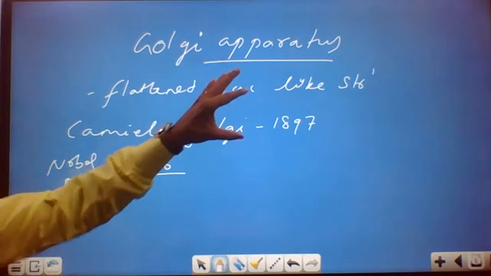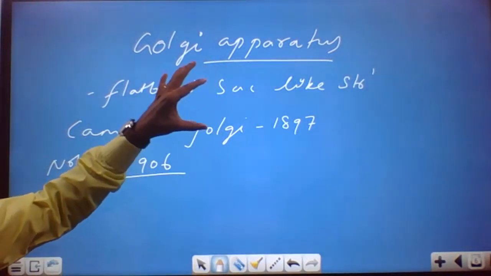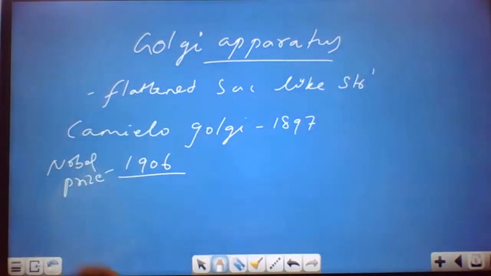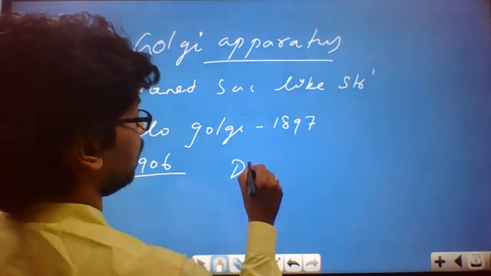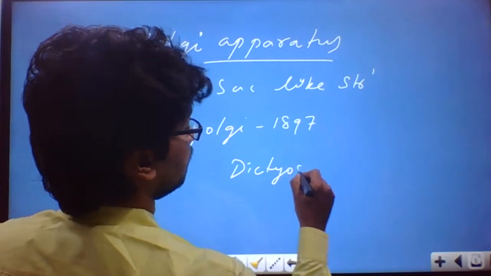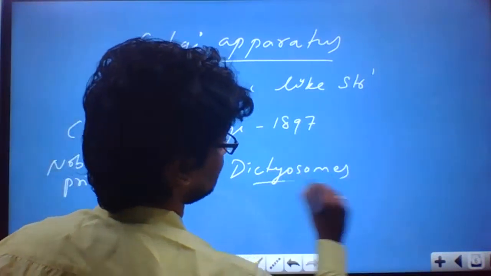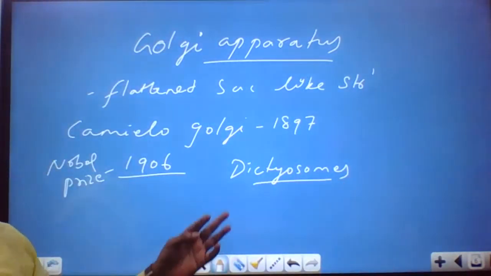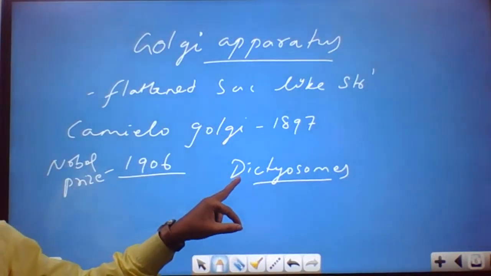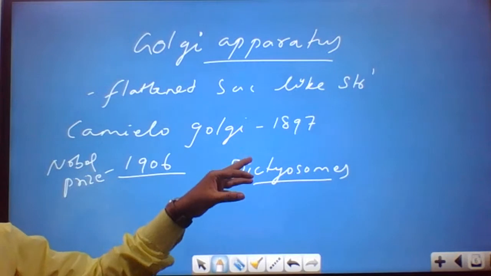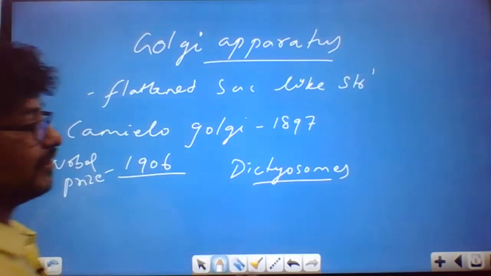Coming to this part, the Golgi apparatus is a membranous organelle, as I told you. This can also be called dictyosomes.